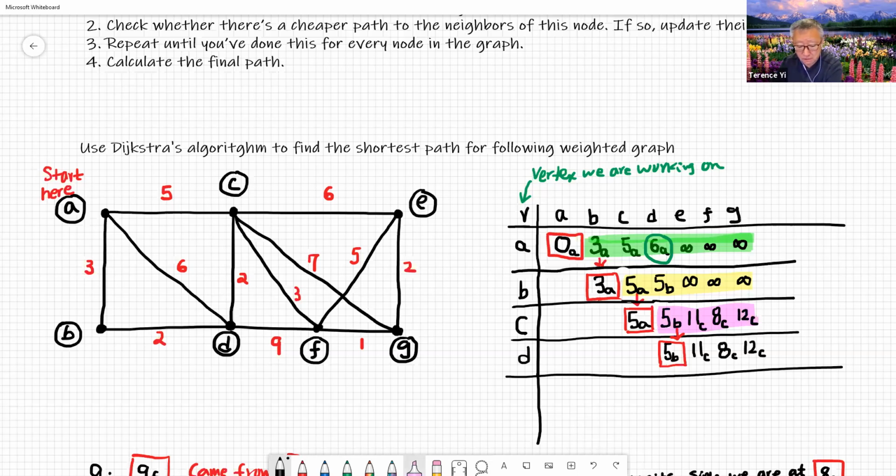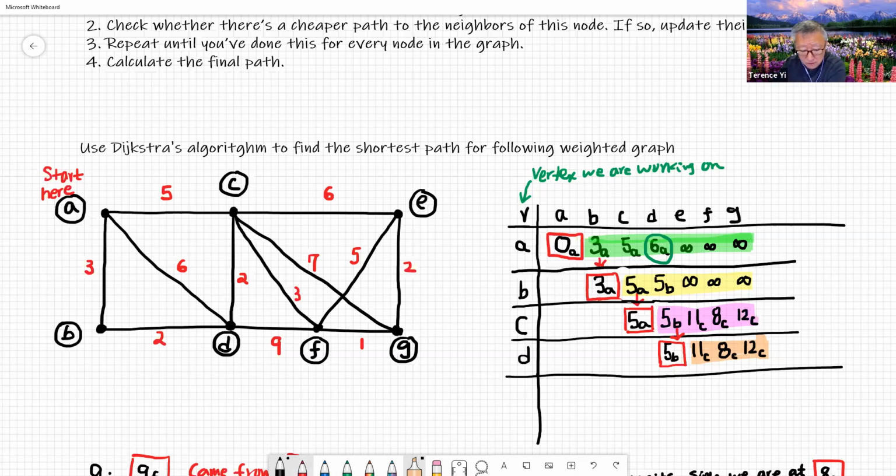Okay, all right, so now I'm going to color this again. I'm just going to use the light color here. Okay, so now we have these three. Okay. So the smallest one is going to be 8C.